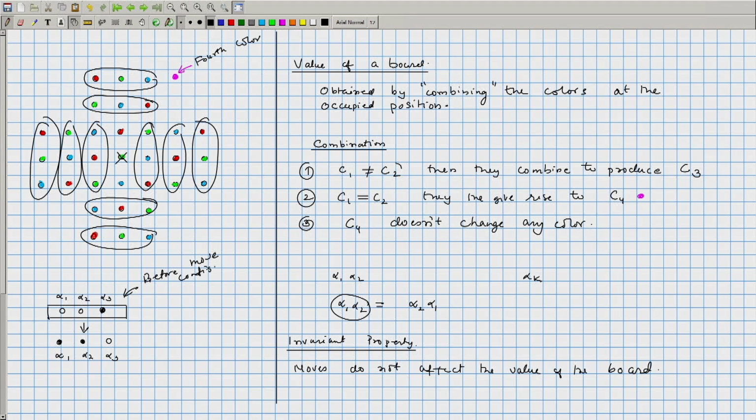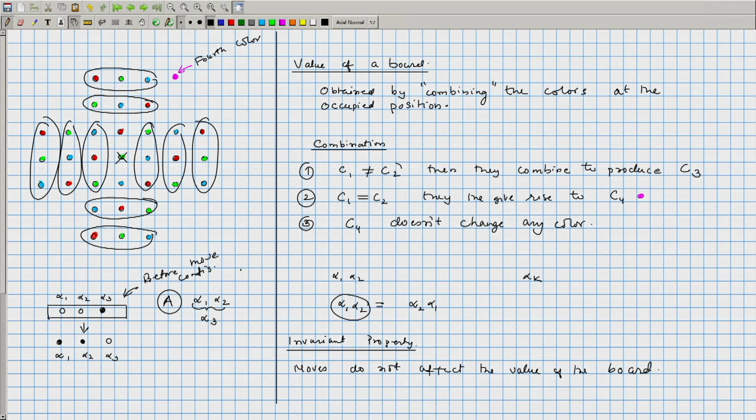Okay. So let us say A denotes the remaining part of the board, and then there are these positions alpha 1 and alpha 2. Okay. The occupied positions inside this will combine, and let us say it will give some value A. When alpha 1 and alpha 2 combine, what you will get is clearly alpha 3.